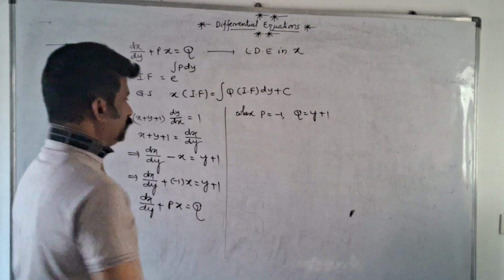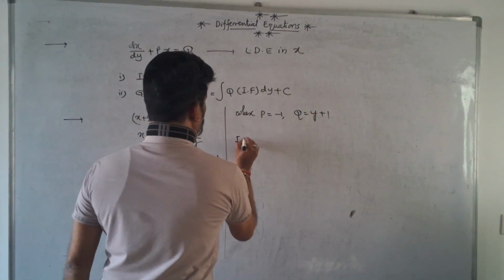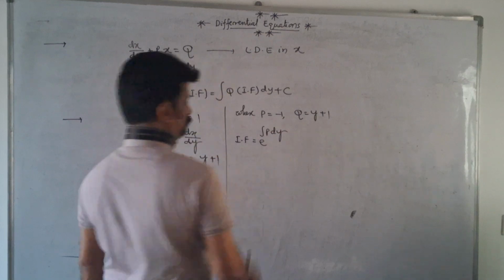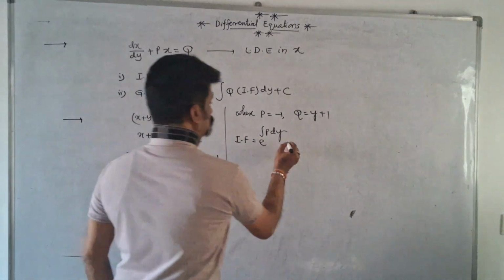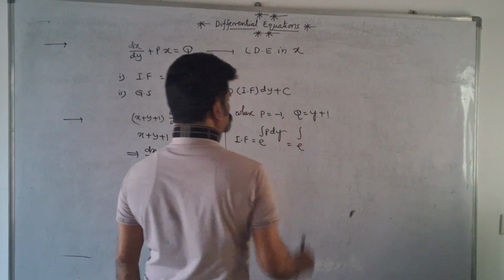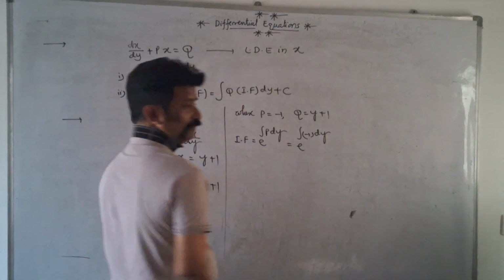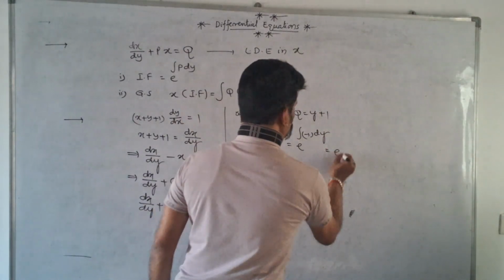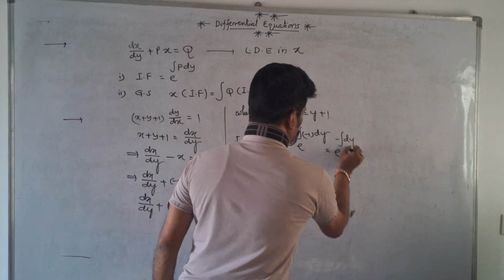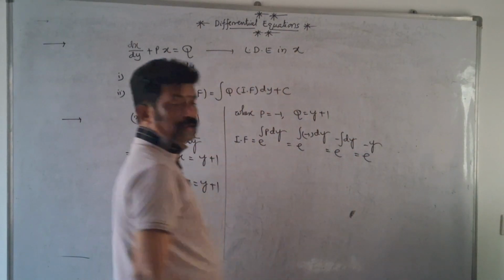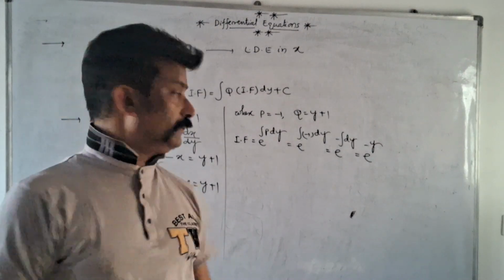Now first find the integrating factor. Integrating factor is equal to e^(∫P dy). So this is equal to e^(∫−1 dy), which is e^(−∫dy), so this is equal to e^(−y), since ∫dy is equal to y.